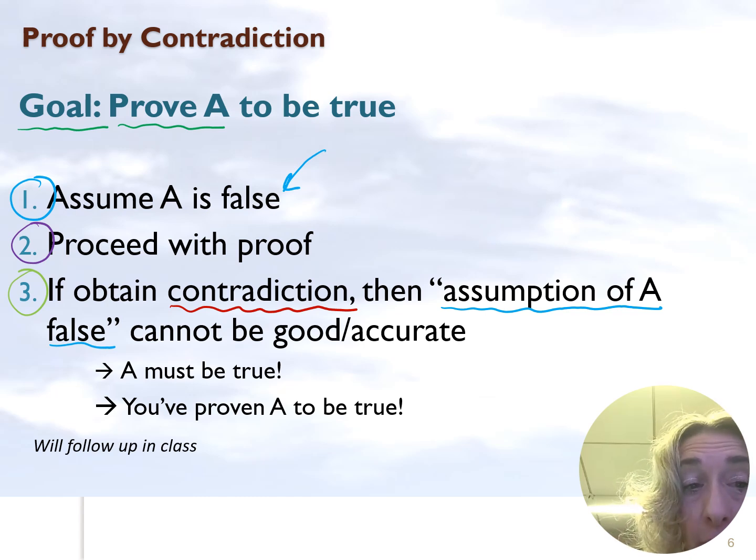Therefore, A must be true. You've essentially then proven A to be true. We'll follow this up in class when we talk more about how hypothesis testing relates to proof by contradiction.